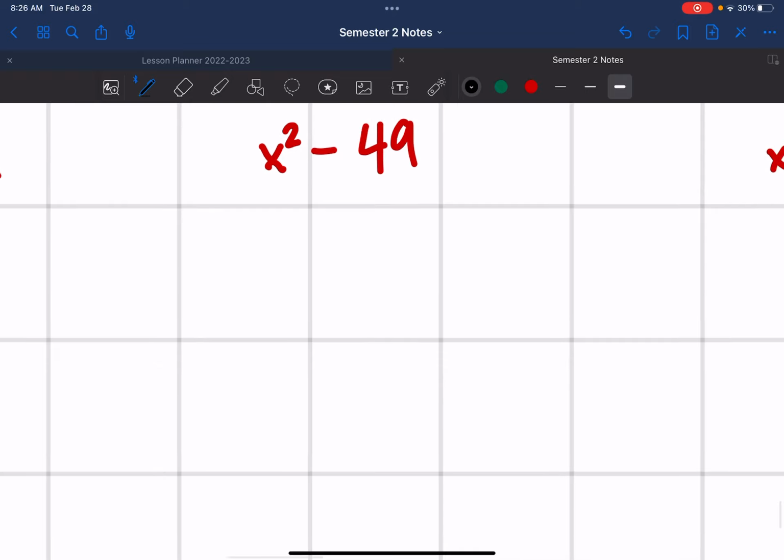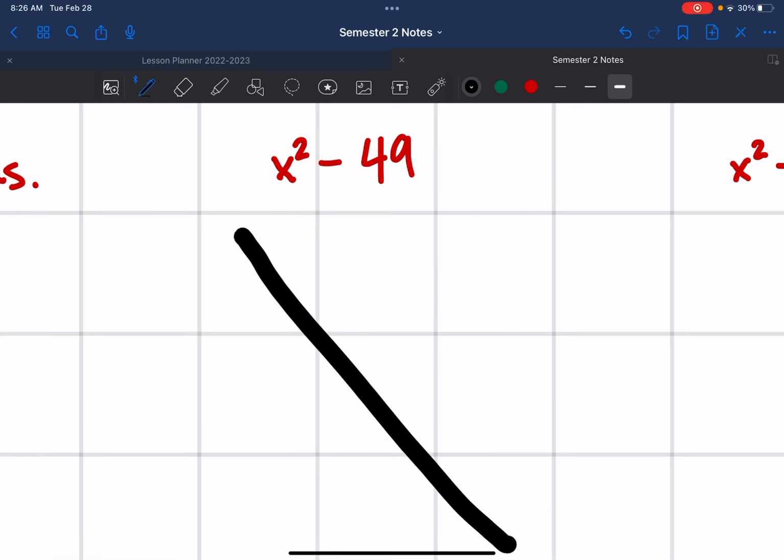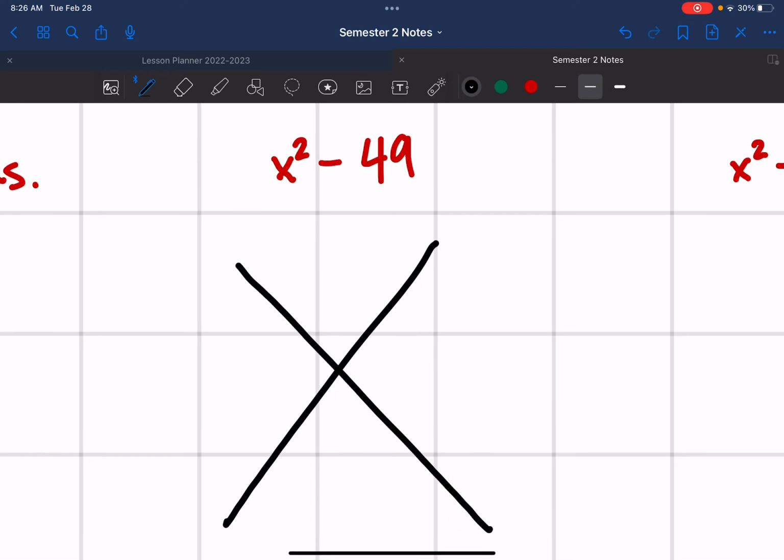Here we have x squared minus 49. Like I said, this is a factoring problem, so we are going to use our giant x. At the top of my x, I know I need a times c. At the bottom, I know I need b. So all that's left is to label our actual problem.